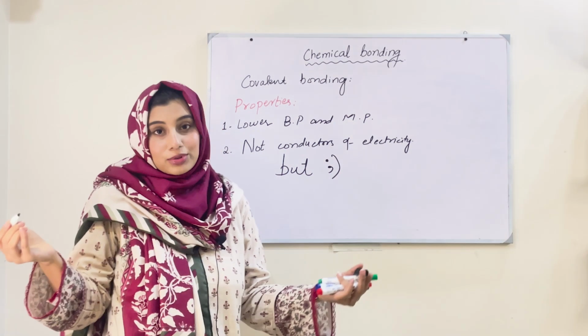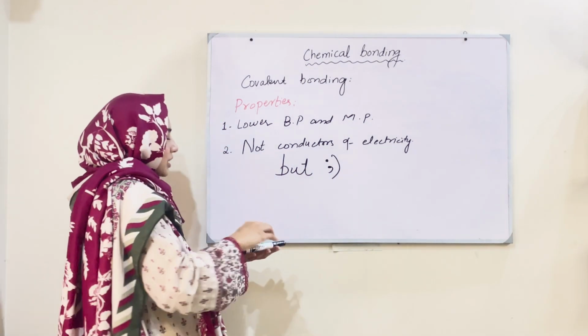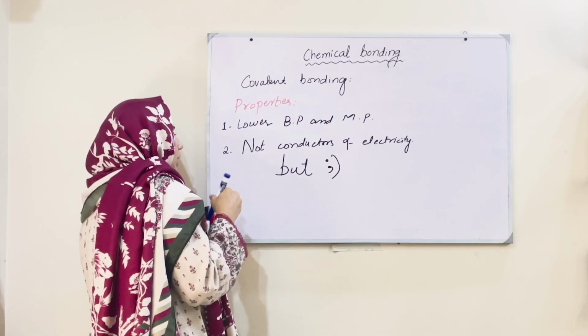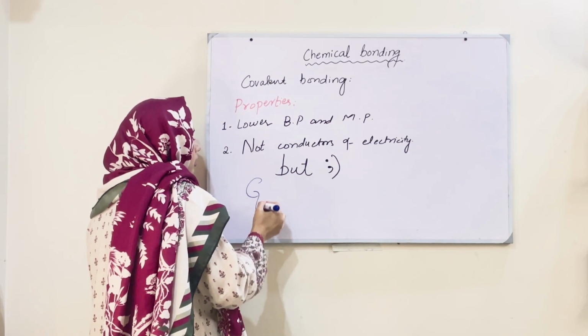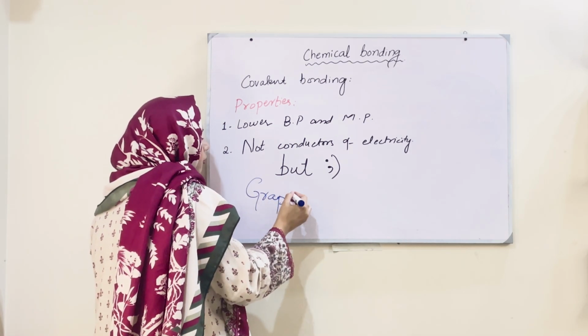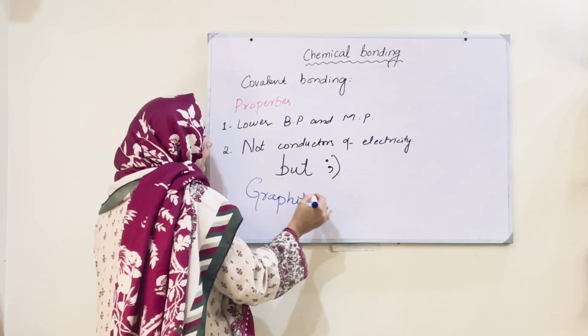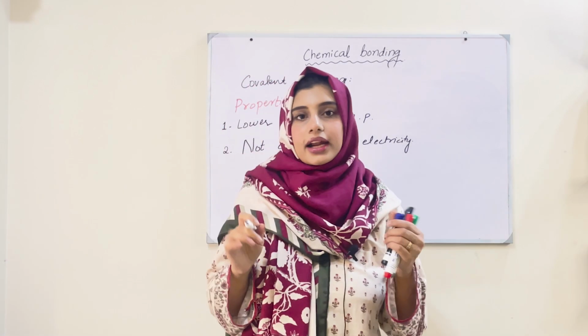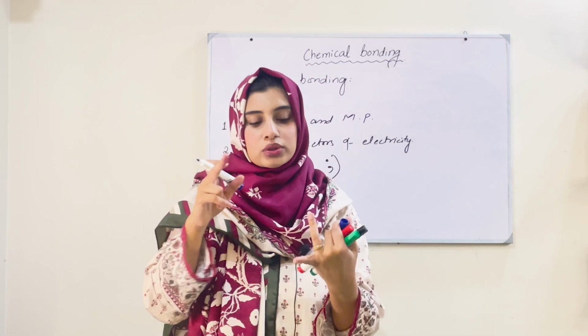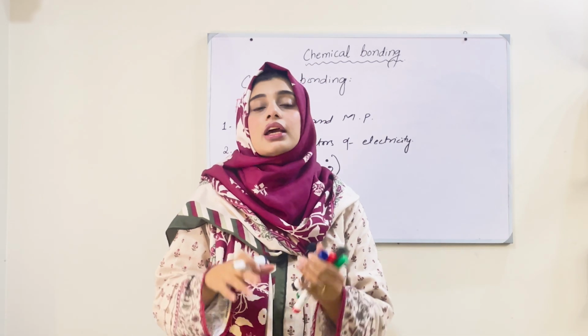Because we have so many exceptions in chemistry, here the exception is graphite, which is a very good conductor of electricity. This is good that we use it in cells, we use it in batteries, we use it in different forms.